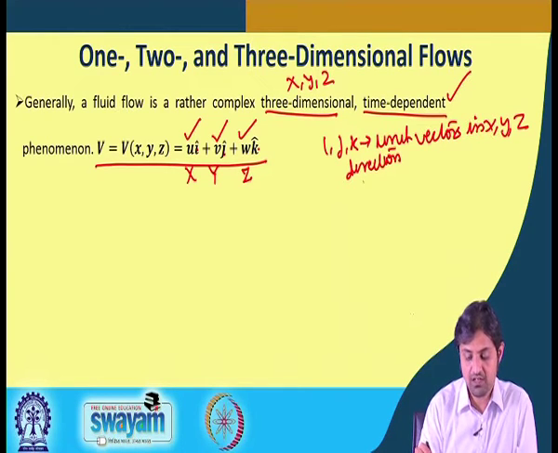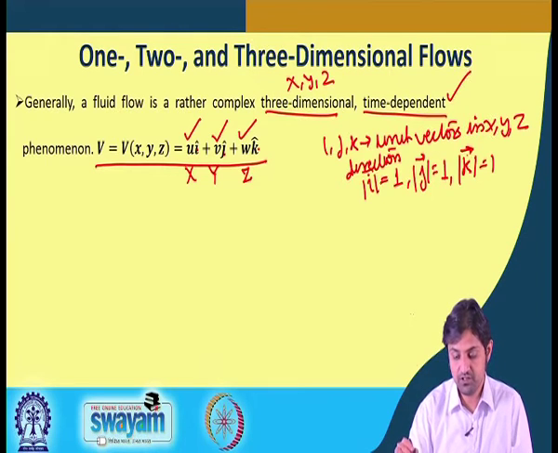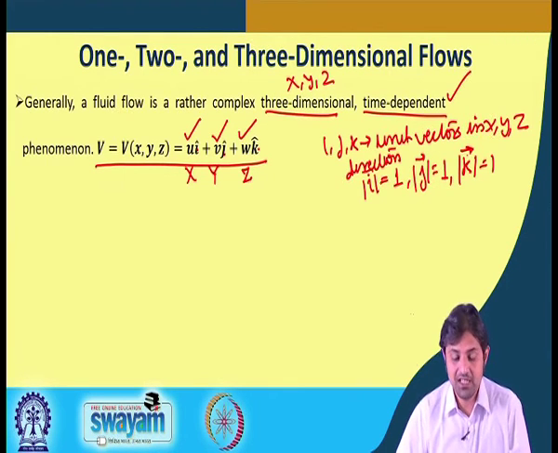From your maths class you would already know that the modulus of i is 1, modulus of j is 1 and modulus of k is also 1. So this is just a basic revision. By multiplying by i, j and k we do not change the magnitude but just show the direction.